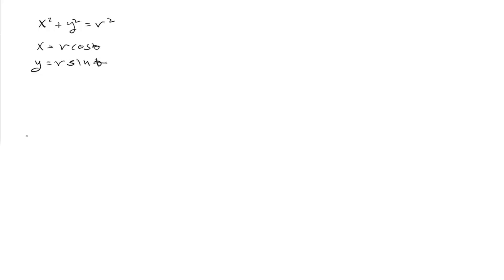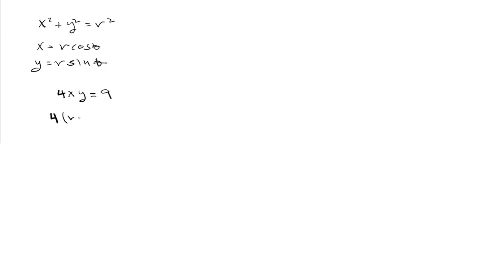Okay. So if I have an equation in rectangular coordinates, if I had the equation 4xy equals 9, and I want to convert this to polar form, well, really all I have to do is substitute for x and substitute for y. That's easy.